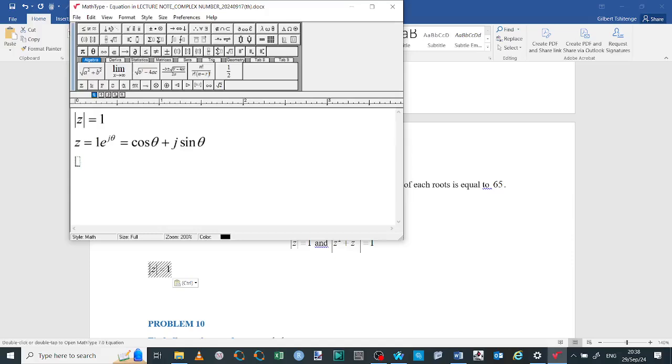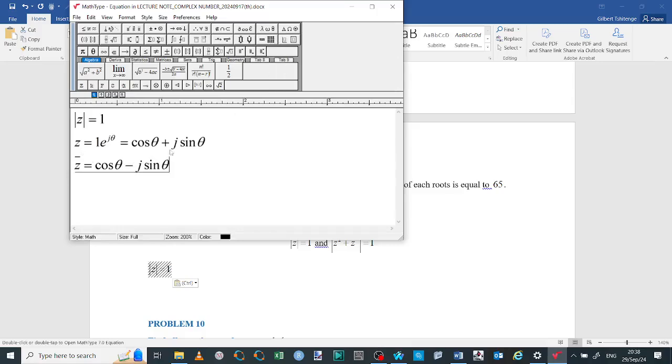By doing that, I know that my conjugate will be equal to cos theta minus j sine theta.